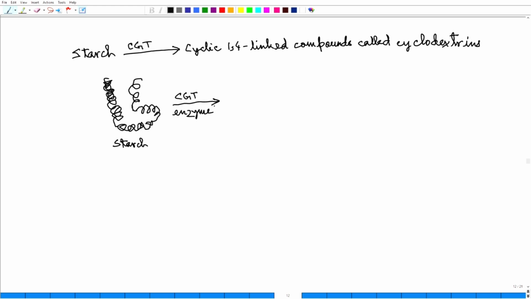You get a cyclic compound, some linear, then cyclic again.